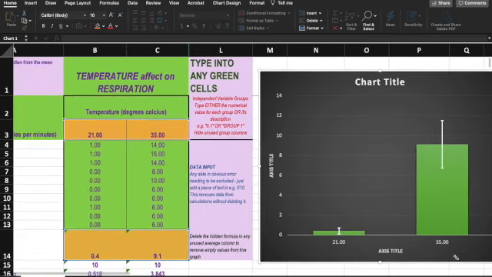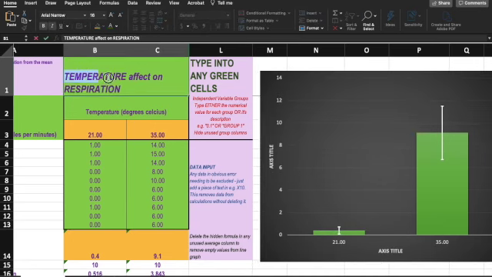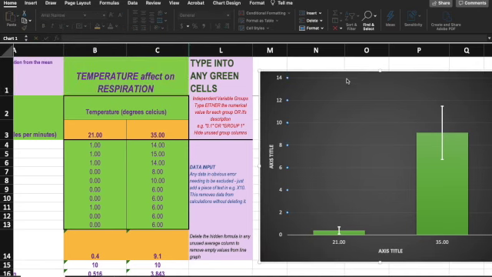The next thing I need you to do is improve these titles and stuff. The title is supposed to tell us what we are comparing, the two different groups. And we've already figured this out, okay? Your chart title here is going to be exactly what we put over here. I'm just going to highlight this, temperature effect on respiration, copy that. Oops, go over here.